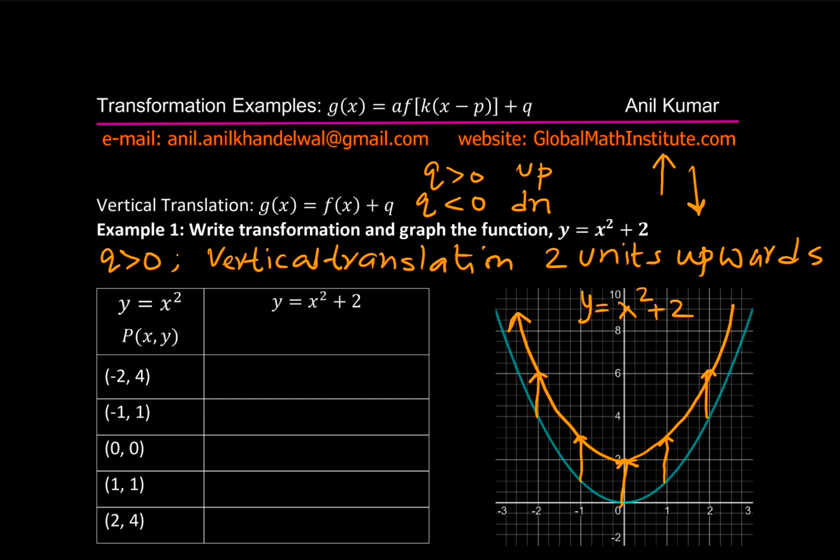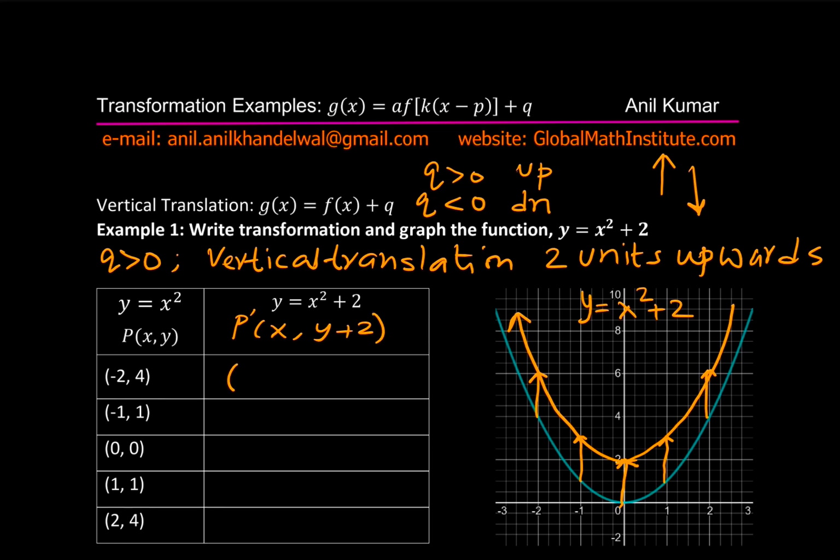The other way is you can find the image points. The first step here is to write down all the key points. So we have the key points for y equals x squared, and then we'll write down the image points. In this case, the corresponding image points will be P dash equals x, that doesn't change, but y plus 2, the y value changes.